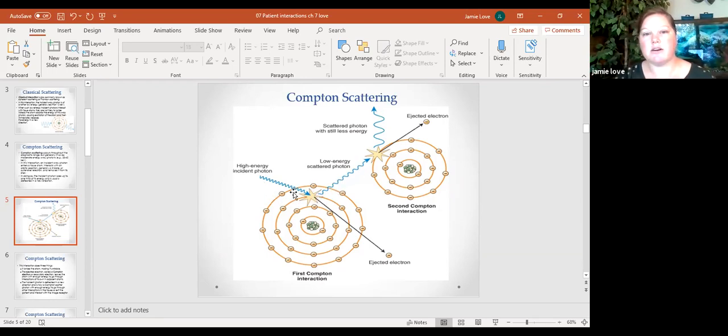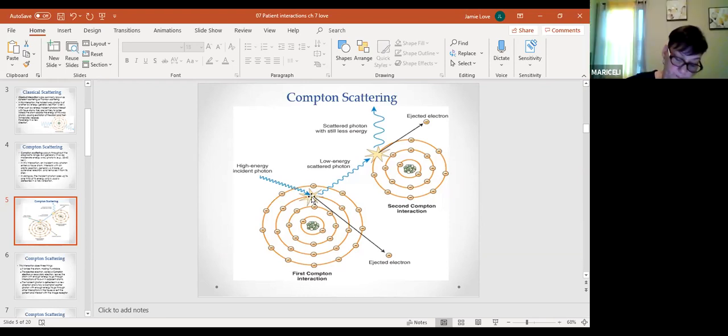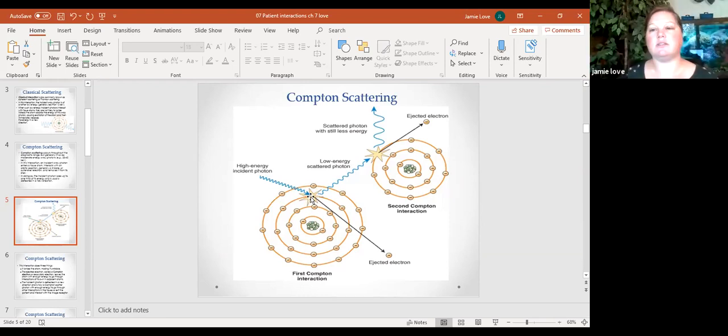So see how this one's higher energy? The waves are close together. The new photon, the waves are further apart, because when that hits an electron, it loses 1/3 of its energy by knocking this electron out. So the new photon scattered in a new direction is considered the Compton scattered photon.